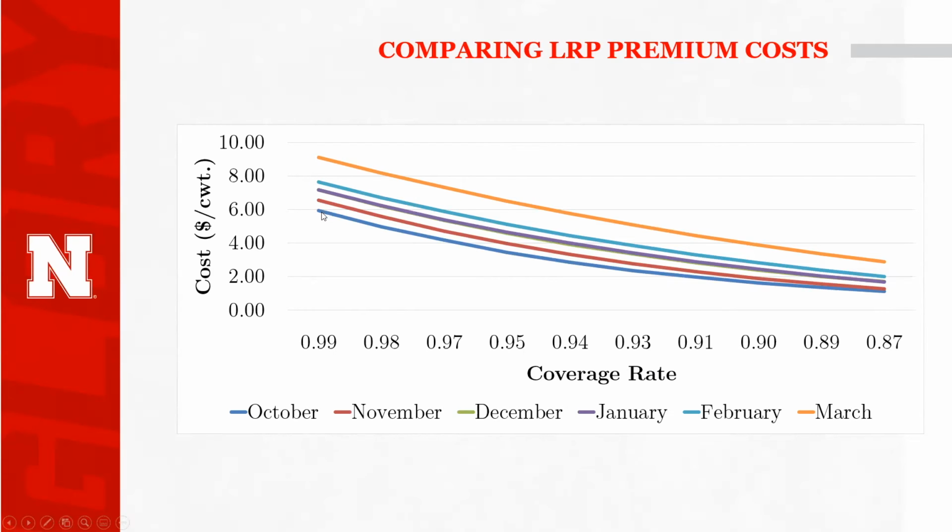So if we were to get an October contract, we're going to pay less than if we got a March contract. And this is for numbers that I put together back in July. What that's basically saying is that because March is farther away than October, there's more time left. We have to pay an additional premium for that.